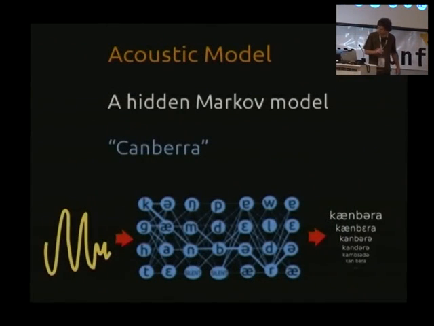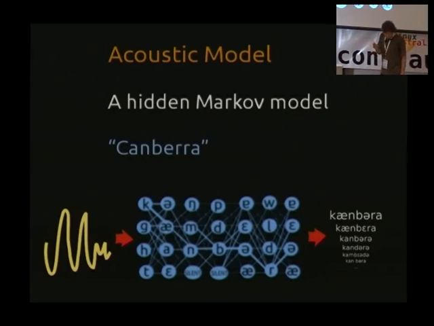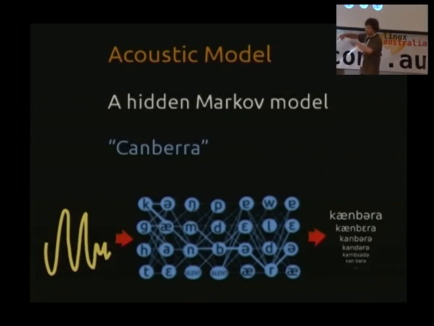So now I'm talking about the acoustic model, which is actually a bad illustration of a hidden Markov model. Markov donated his name to maths to mean something where the next state depends on your current state. So as you're going through time, the next phoneme depends on what the current phoneme is and what the previous one is.